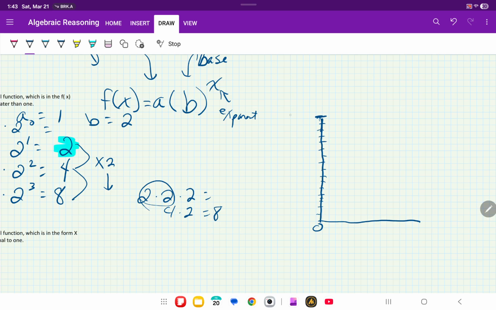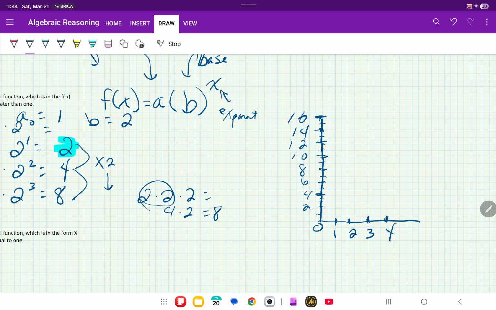Okay, so we come all the way up here to 16, and I'm just going to put every 2. I'm going to skip every 2 numbers. So here's going to be 1, and 2, and 3, and 4.